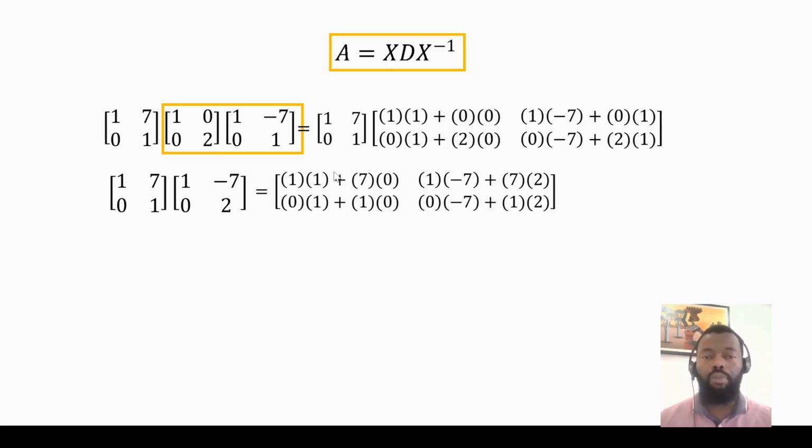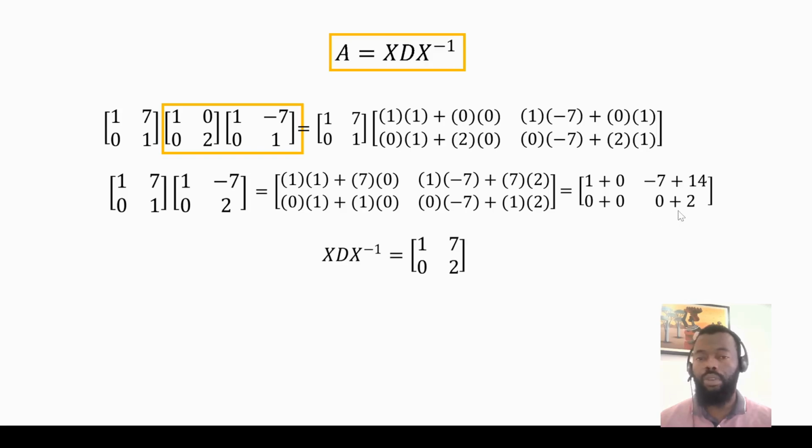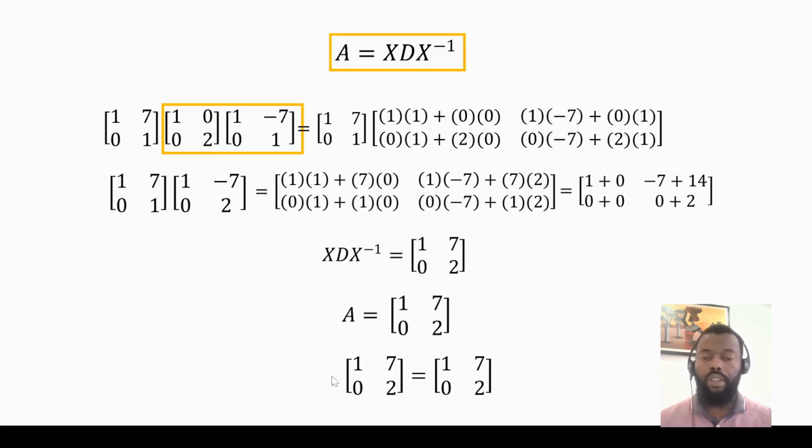We can have here 1 plus 0, -7 plus 14, 0, 0 plus 0, and 0 plus 2. So the result will be 1, 7, 0, 2. We found the product of this operation, and we see that it's equal to 1, 7, 0, 2, and the matrix A is also equal to 1, 7, 0, 2.